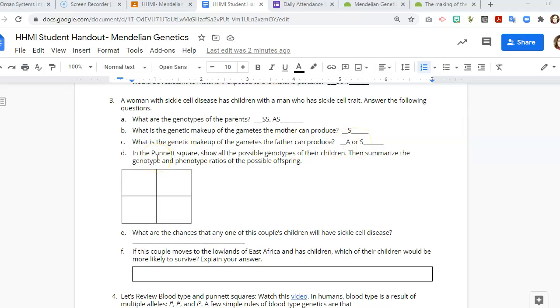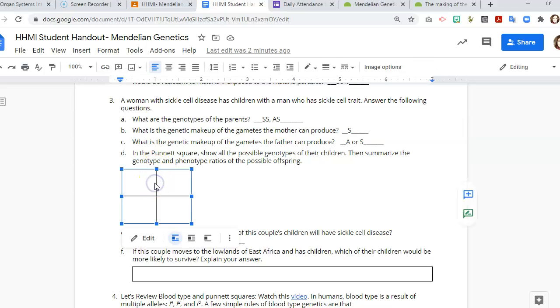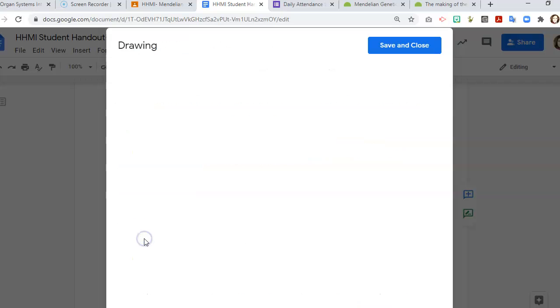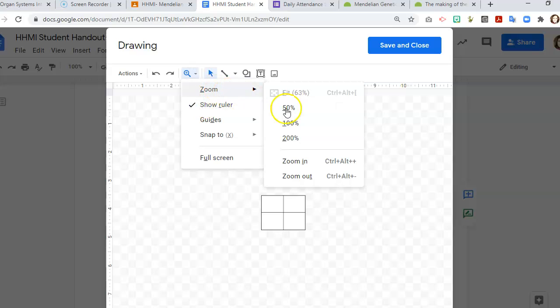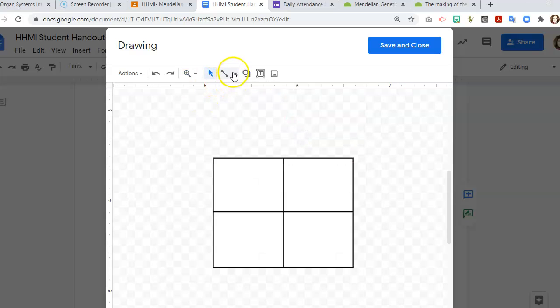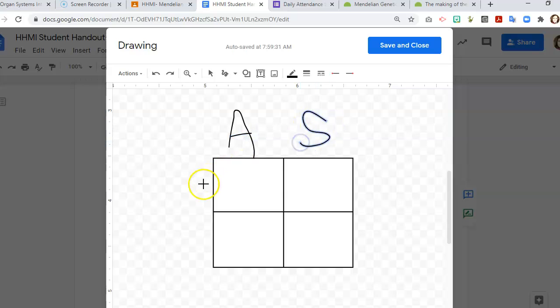So in the Punnett square, show all the possible genotypes of their children, then summarize the genotype and phenotype ratios of the possible offspring. Same deal as yesterday. You click it, hit edit, and I will zoom in. Get my little scribble tool. All right, so we know that dad is going to be AS, and we know that the mom, let me undo that, is going to be SS.